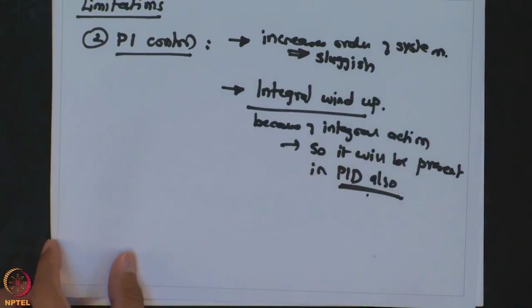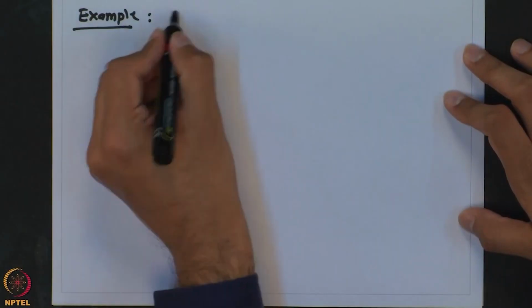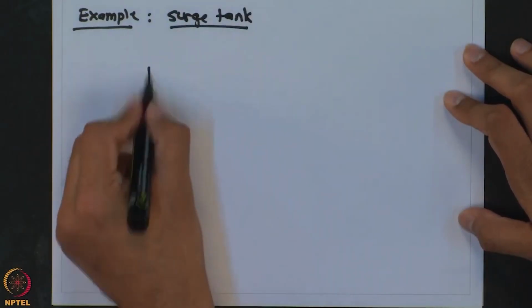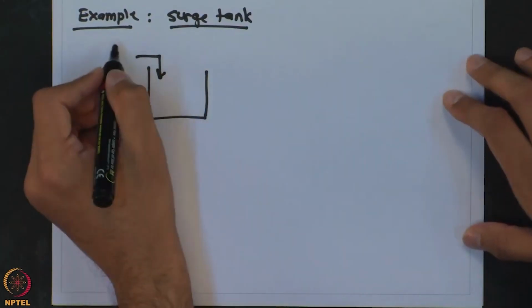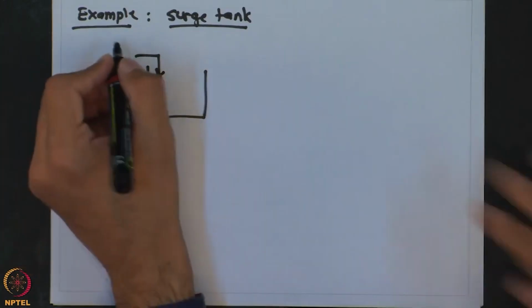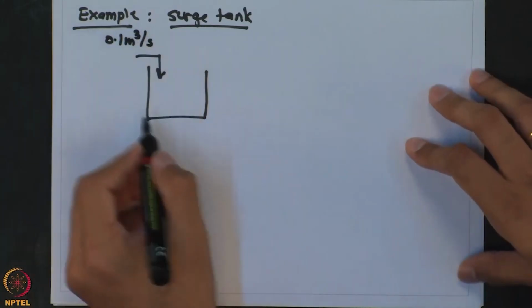So, for that let me consider a simple example of a surge tank. So, let us consider a surge tank where the inlet is coming at the flow rate of 0.1 meter cube per second, for example.